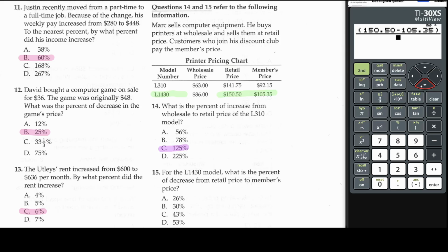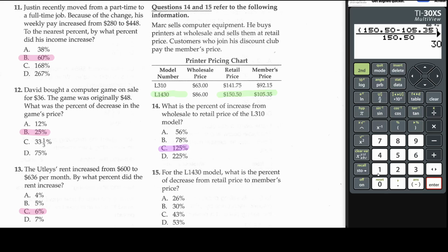Okay, so what number should that be? Since it's a decrease, you're going to have to push 150.50. Exit out by moving to the right. Okay, multiply by 100 and press enter.